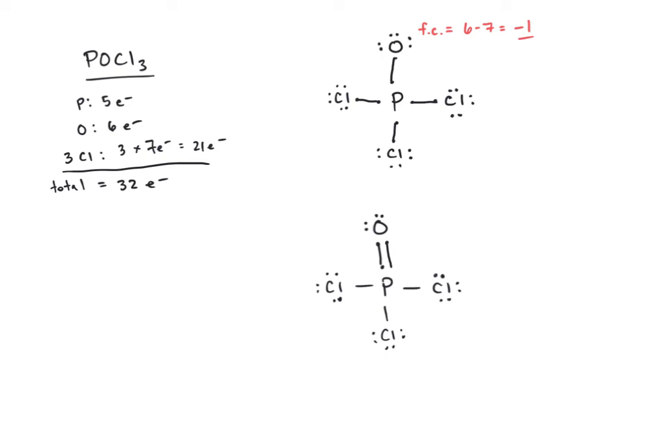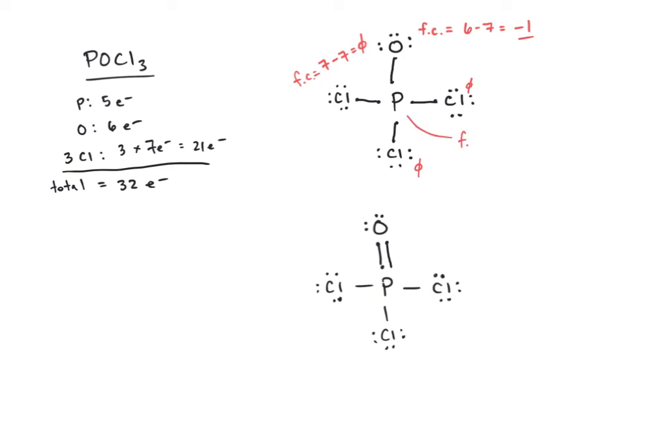For each of the chlorines, the formal charge is equal to the number of valence electrons that chlorine has, 7, minus 1, 2, 3, 4, 5, 6, 7. 7 minus 7 is 0. The formal charge on each chlorine must be equal to 0.